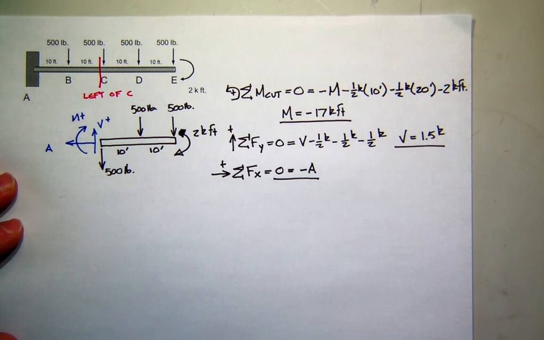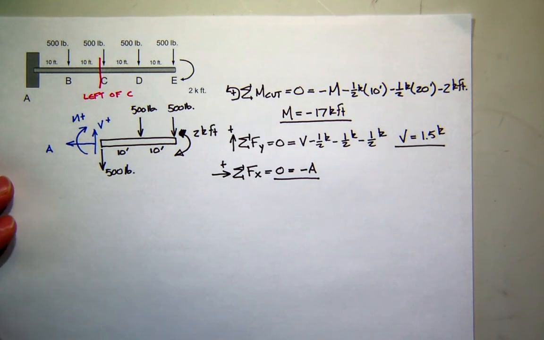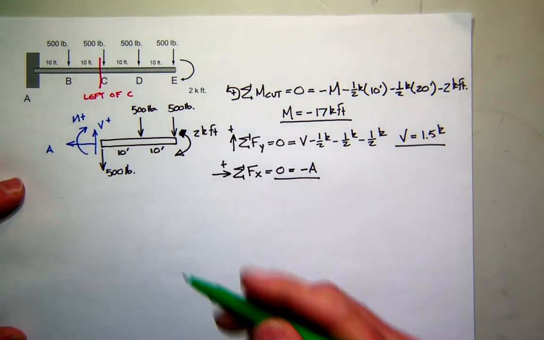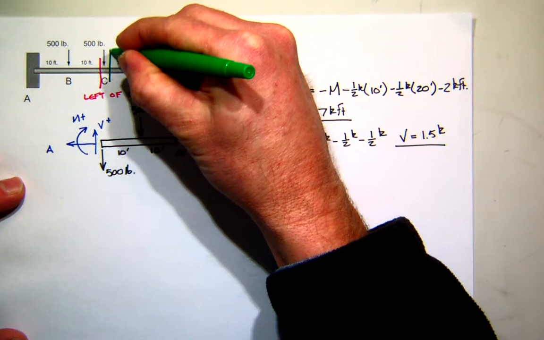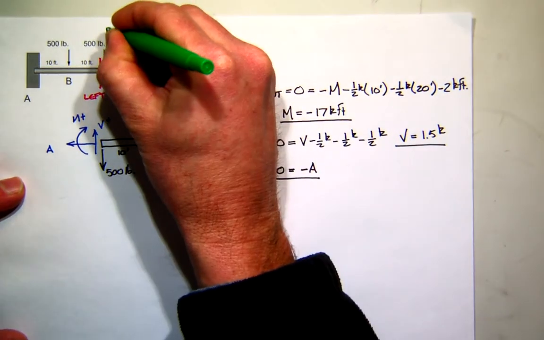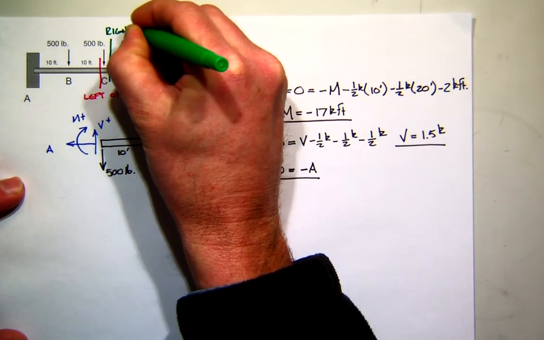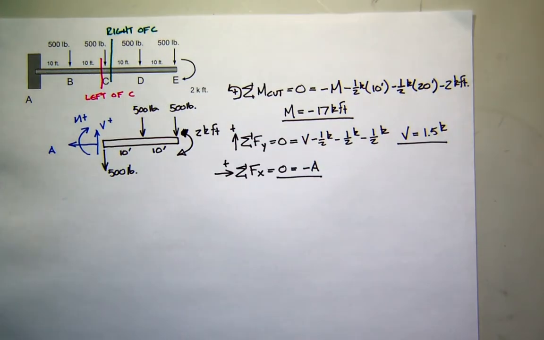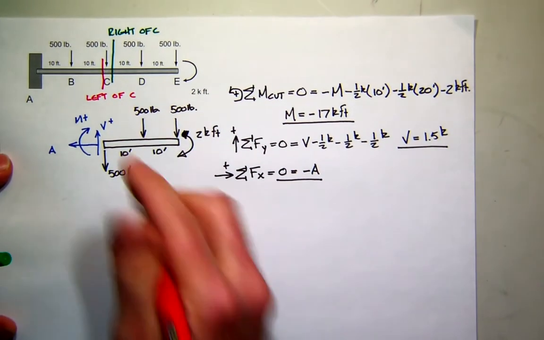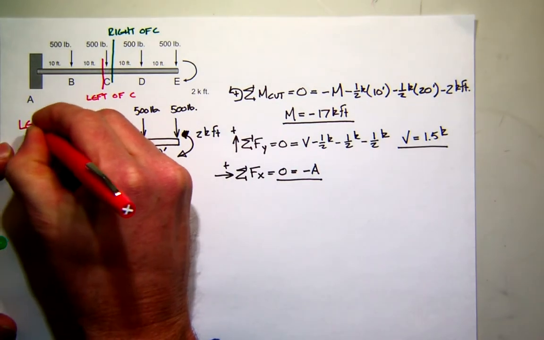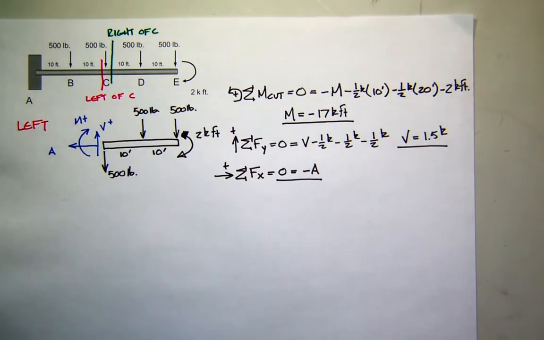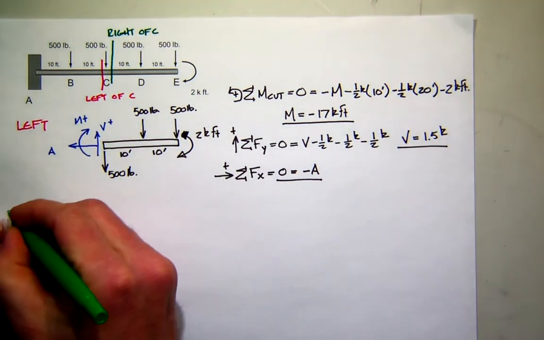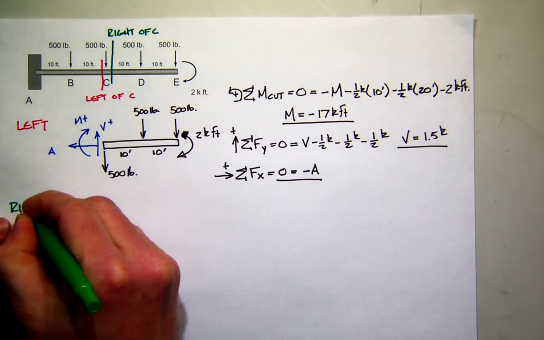So now what I want to do is make a cut to the right of C. So I'll go back and label that. This was the left side. And now I'm going to do it again with the right side.